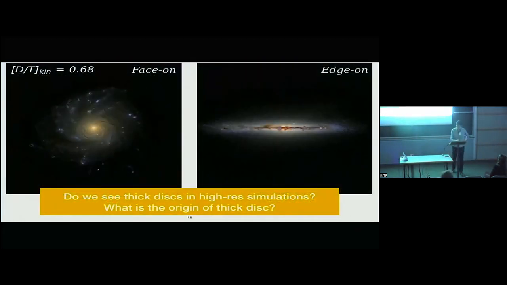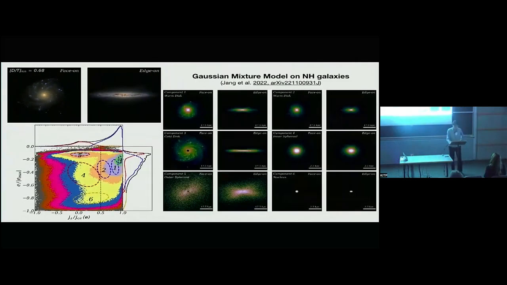So this is our New Horizon galaxy. Now the question is, do we see such thick disks in the New Horizon simulation? And if we do see them, then what is the origin, at least in this simulation? This is JK's, my student's, Gaussian mixture model applied on this same galaxy.